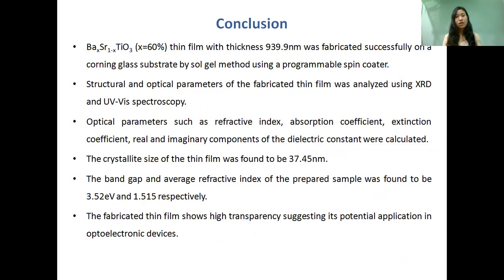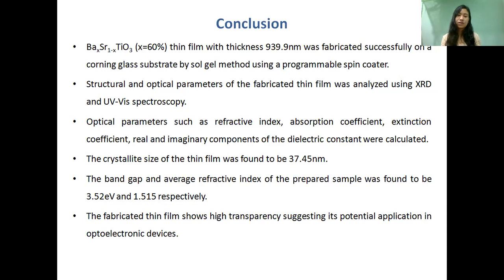So in conclusion, we can say that barium strontium titanate thin film with thickness 939.3 nanometers was fabricated successfully on a Corning glass substrate by using the sol-gel method and a programmable spin coater. The structural and the optical parameters of the fabricated thin film were analyzed using XRD and UV visible spectroscopy. Optical parameters such as refractive index, extinction coefficient, absorption coefficient, and real and imaginary parts of the dielectric constant are also calculated.